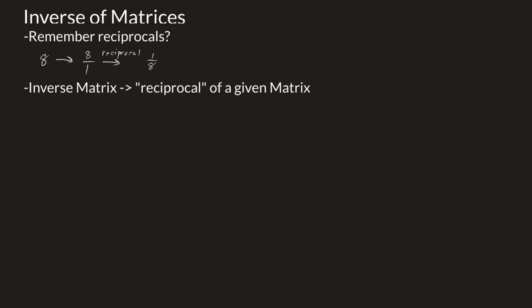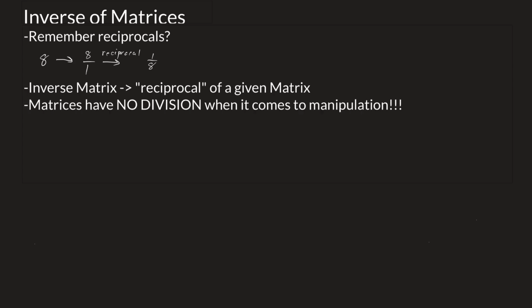Well, here's the interesting thing about matrices. Matrices have no division when it comes to manipulation. We have addition, we have subtraction, we could even multiply matrices given certain conditions, but there is no concept of division.